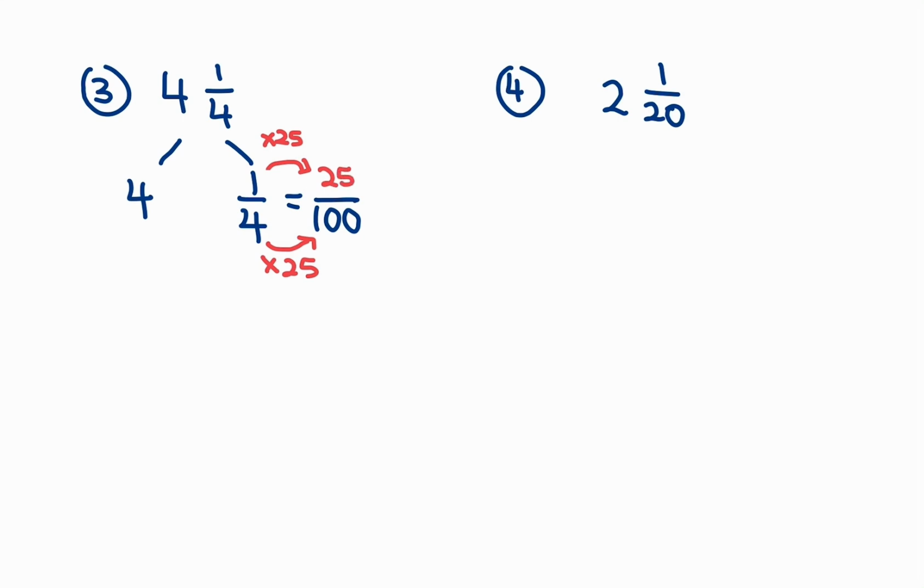So 25 out of 100 is the same as what? 25 hundredths. And 25 hundredths is equal to? 0.25. Okay, now, am I done?